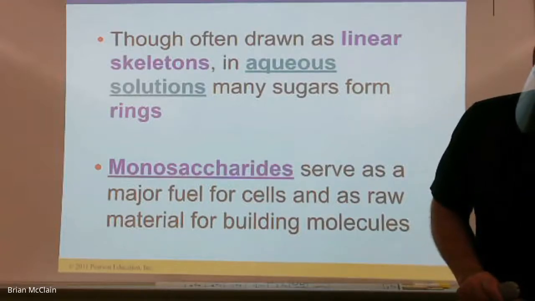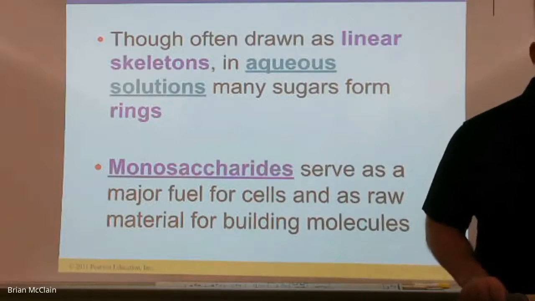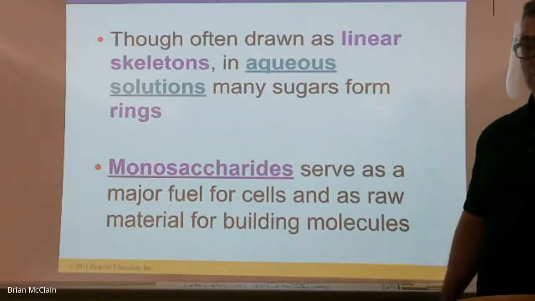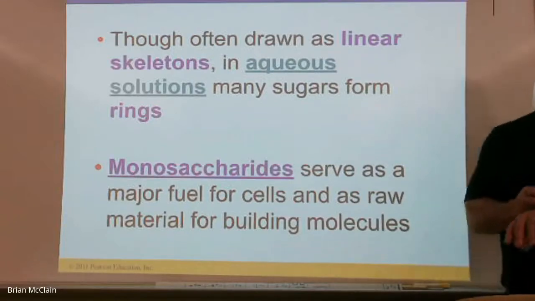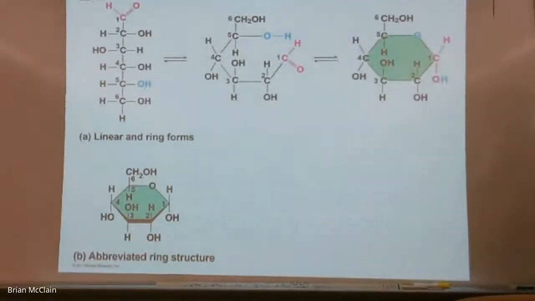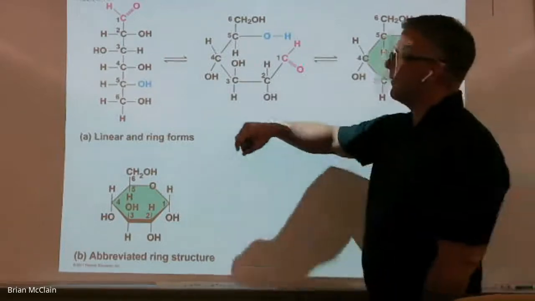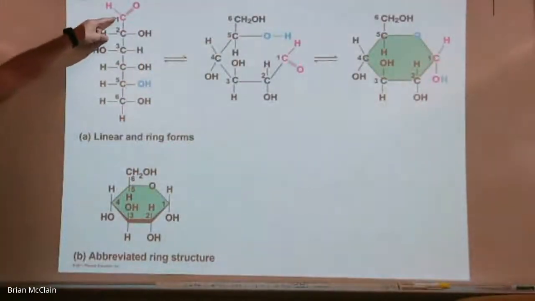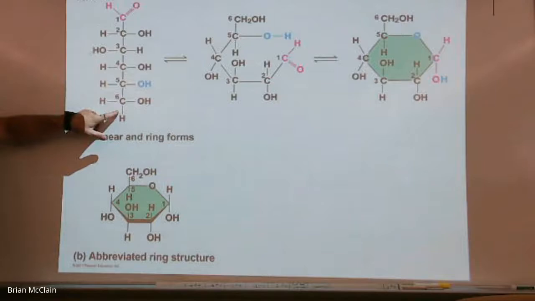if we take a look at how that linear form can be converted into a ring form, we'll see that progression on this next one. All right, so here we have a linear form, and when we number our carbons, obviously we're starting at the top and we're working down towards the bottom.